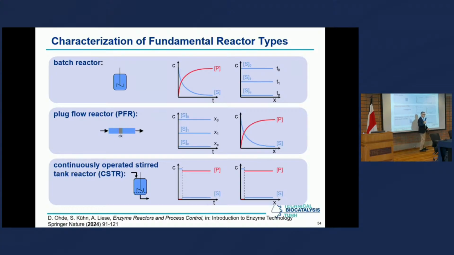So if you have the Michaelis-Menten plot again, this hyperbolic form, in the plug flow reactor you're operating for a long time up in the right corner of the curve, in the Vmax range. In the CSTR, you're operating down at the origin of the plot.